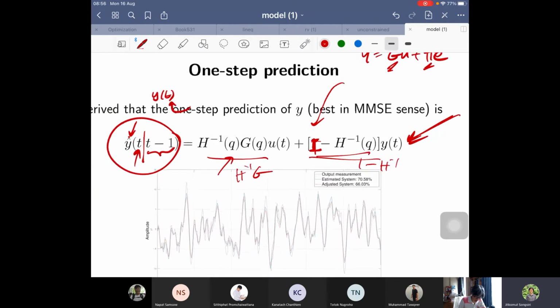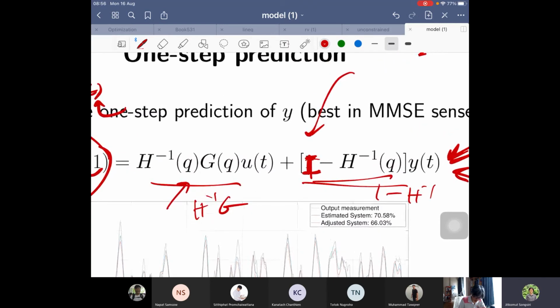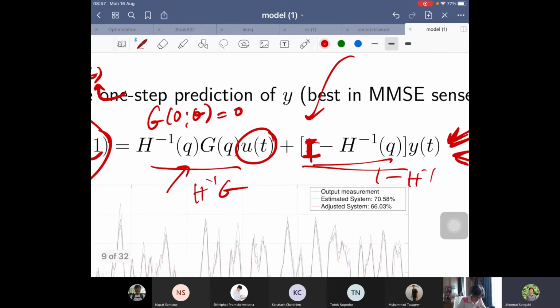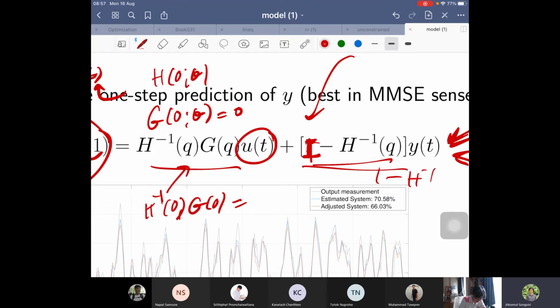So when I compute the one-step prediction in this way, you will see the expression H inverse G applied on U. But because of this condition that we just saw, H inverse at 0 times G at 0 is what?